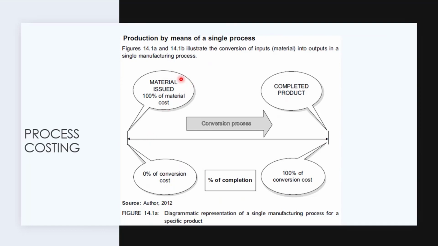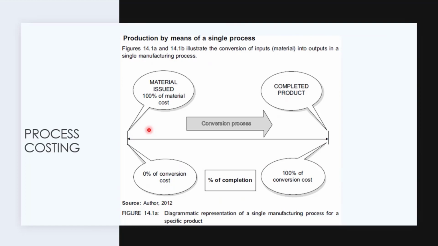That's process costing. So now this is an illustration of what I just mentioned, but under a single process. For the sake of your course, they've mentioned in your module to assume that your material is always added at the beginning of the process. Sometimes material can be added anywhere, but for simplicity of the module, they say your material will be added at the beginning.